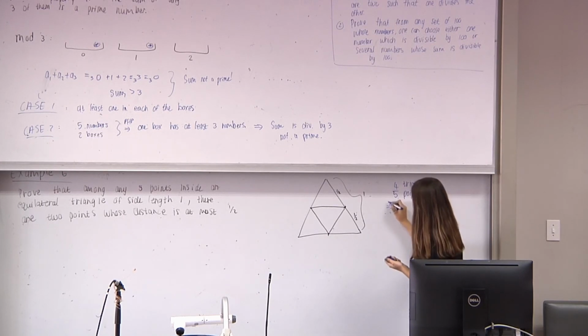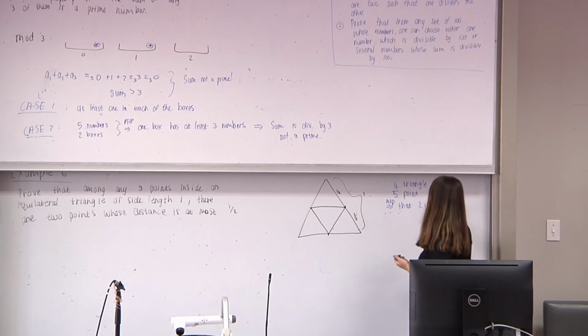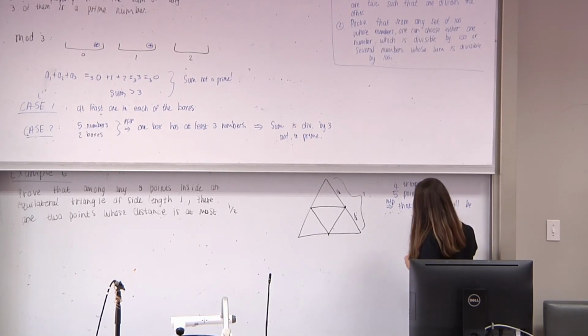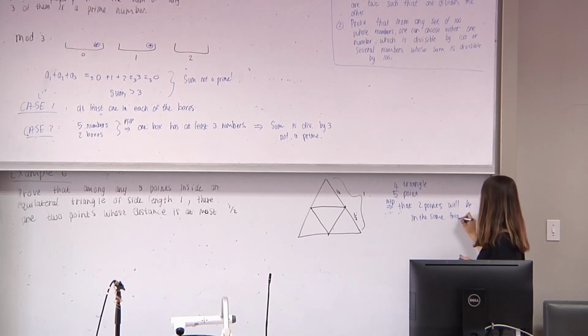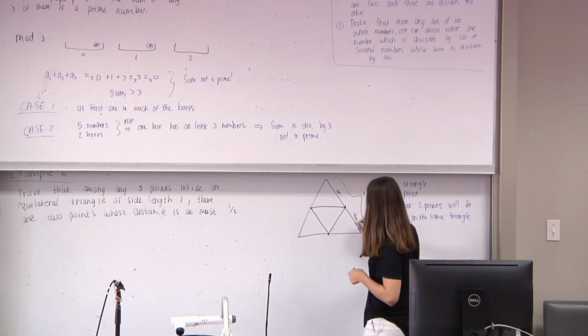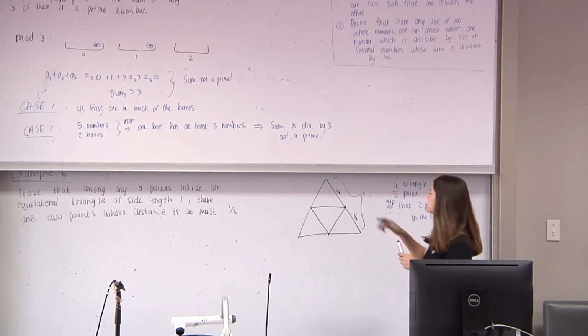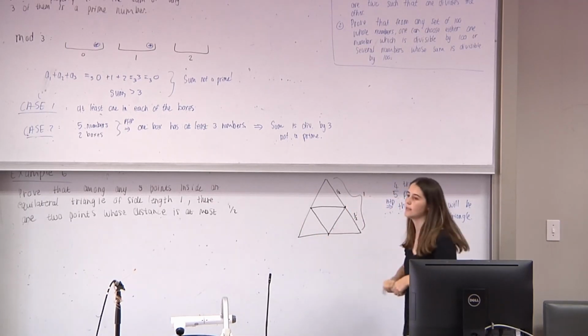This implies by pigeonhole principle that at least 2 points will be in the same triangle. Okay, and within this triangle of side length half, the maximum distance those 2 points could be is a half from each other.